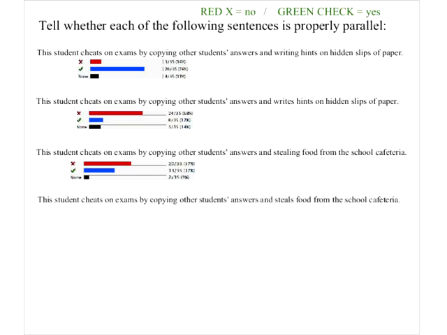Now what about that one? Green check if you like that. Red X if you don't.